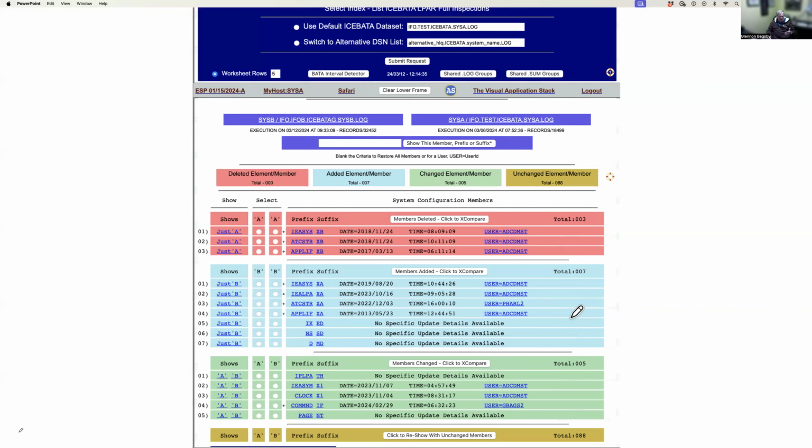Now, this comparison can be automated as well, and it can be automated with a level of intelligence added to it. That intelligence could determine the profile and the status of each of those LPARs, understand the uniqueness of each one of those, and not compare that because it would be expected to be unique from A to B. But those things that should be common and consistent across both LPARs are items that we'd want to be compared and tell us whether or not there's a variance in those element definitions between the two LPARs.